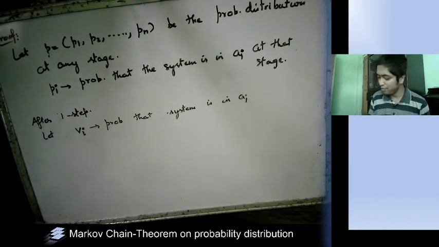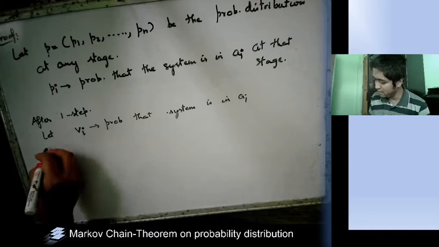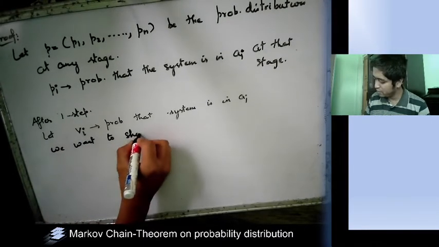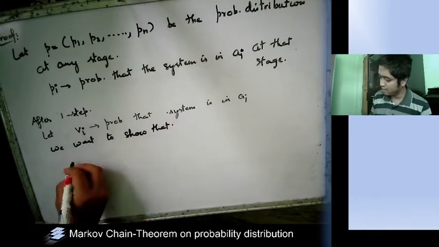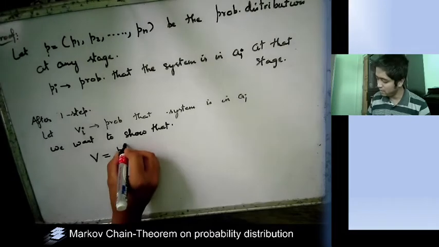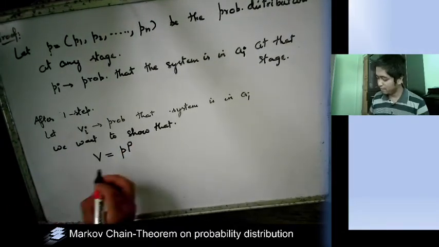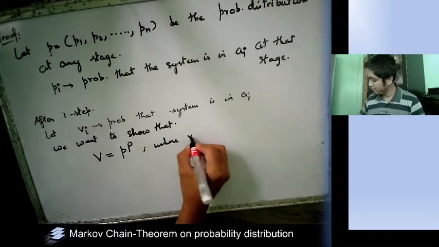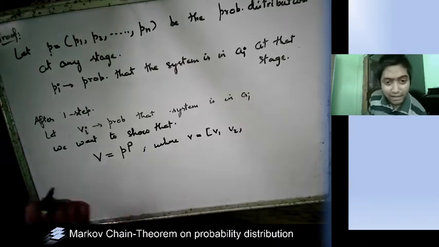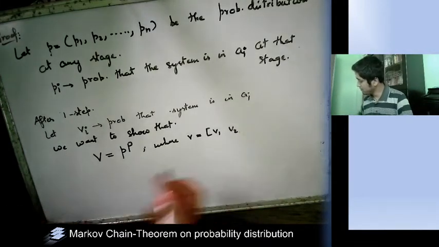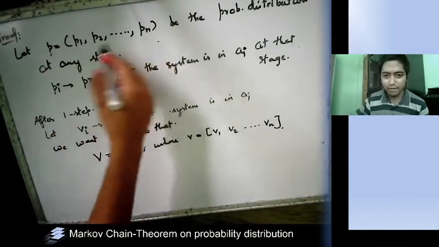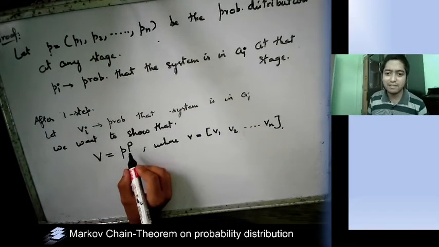We want to show that V = PP, where V = (V1, V2, ..., Vn), P is this row vector, and capital P is the transition matrix.